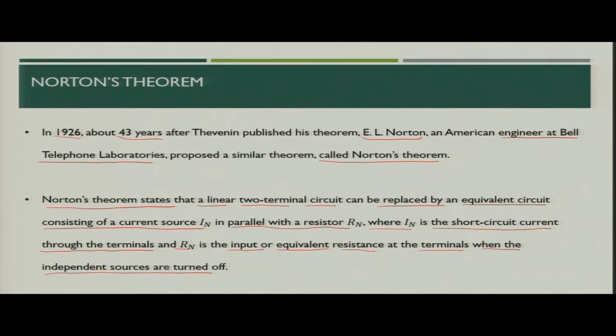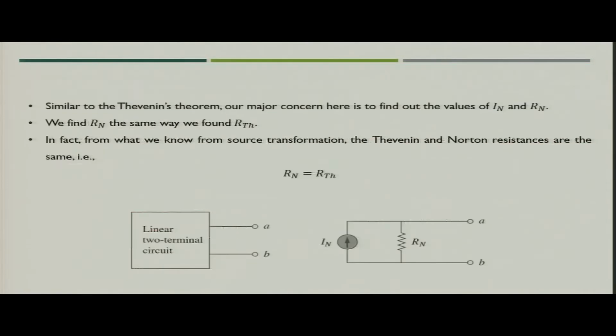Turned off means the voltage source is short circuited and the current source is open circuited. As in Thevenin's theorem, where our main concern was to find VTH and RTH, similarly in Norton's theorem we need to find IN and RN.